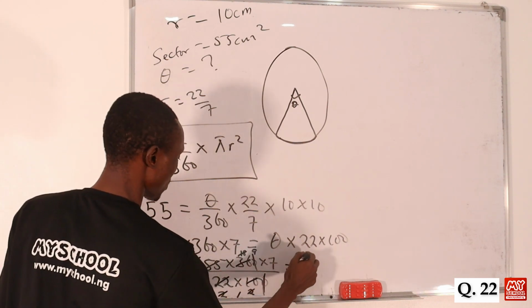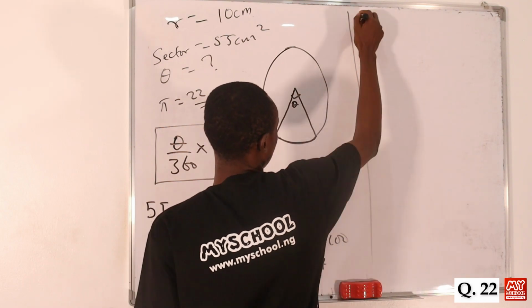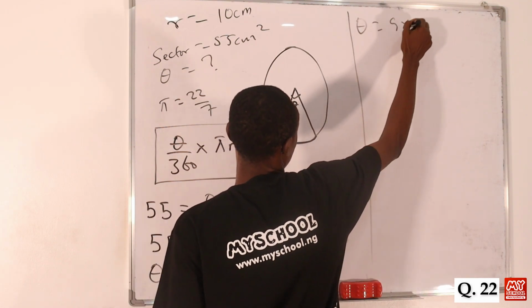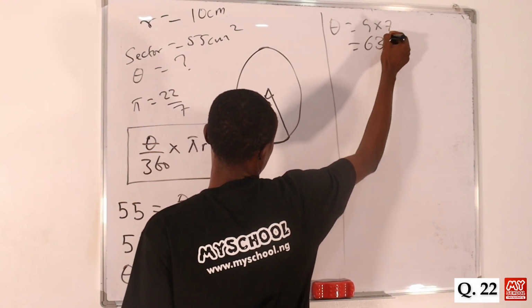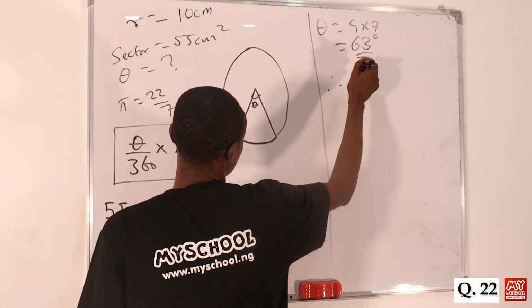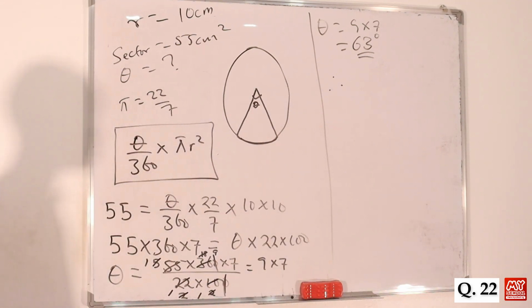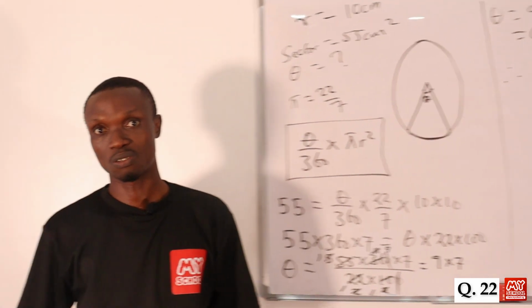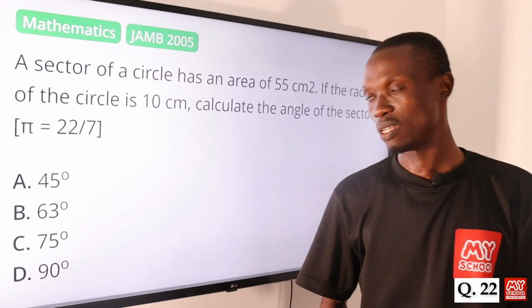So we now have 9 times 7 left, okay? So theta is now equals to 9 times 7, which is 63. Therefore, the value of theta is 63 degrees. So let's return to the screen to pick the correct answer, and that is option B, 63 degrees.